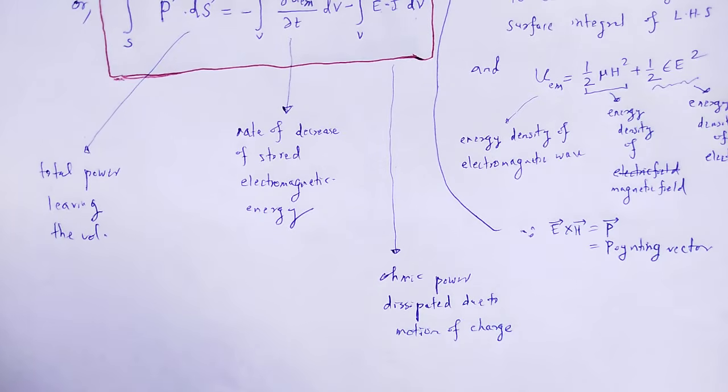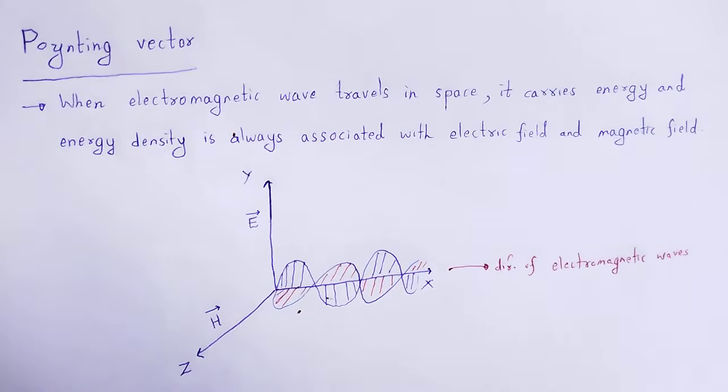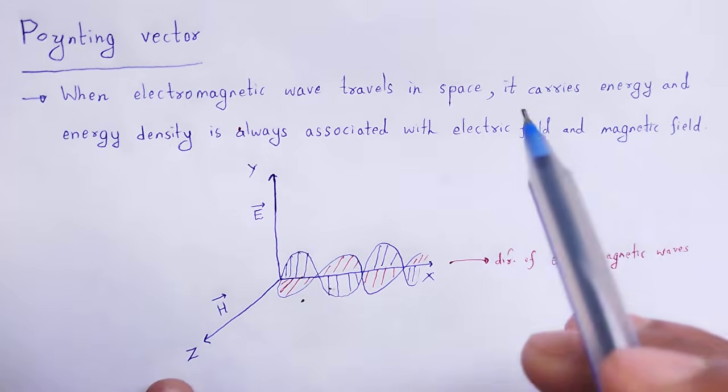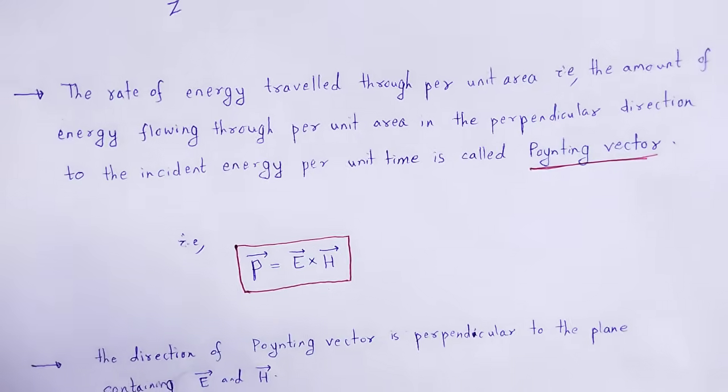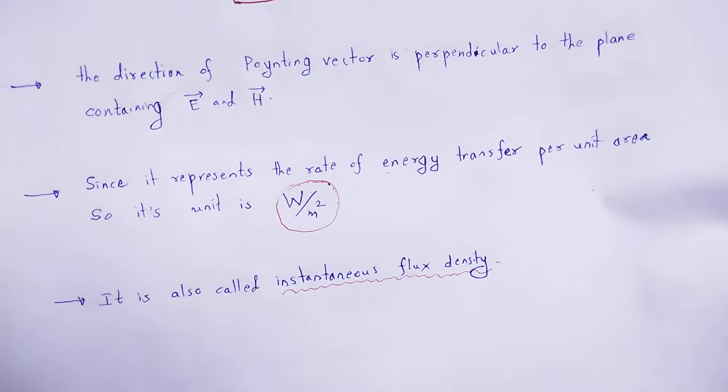So, with the help of this video lecture we understood first what is Poynting vector, its definition and its physical significance.